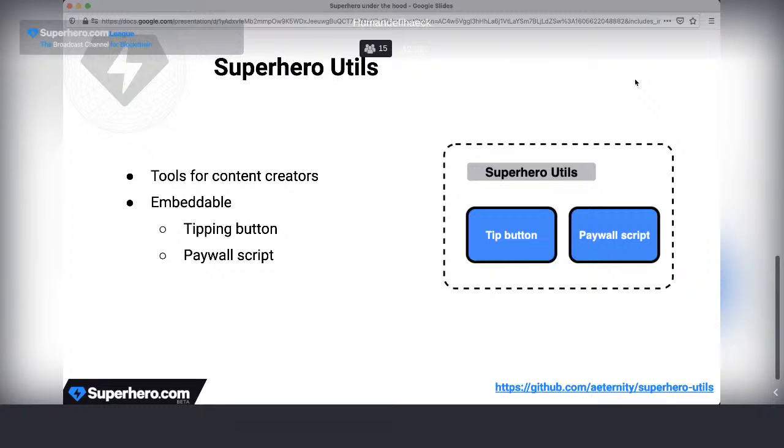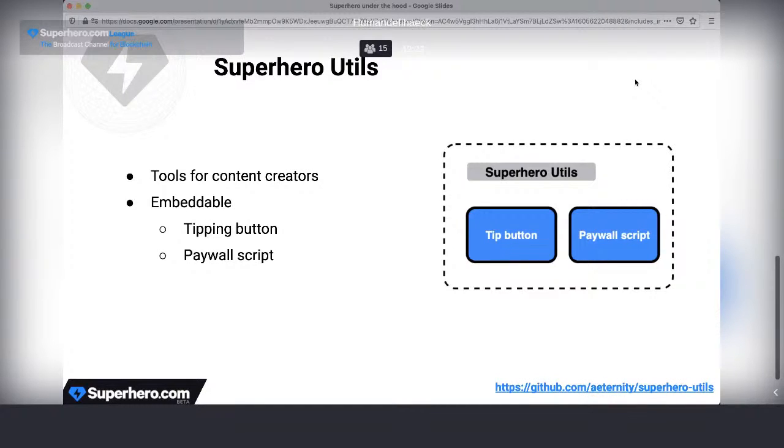It would lead the users to the web wallet if they don't have the Superhero extension installed in their browsers. So they would still be able to create an account and send value if they want to tip.